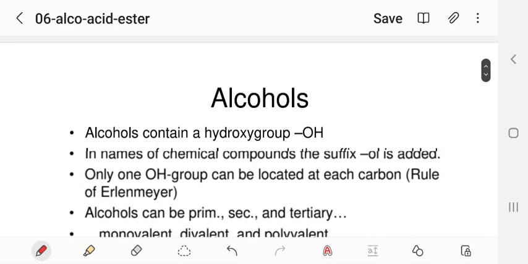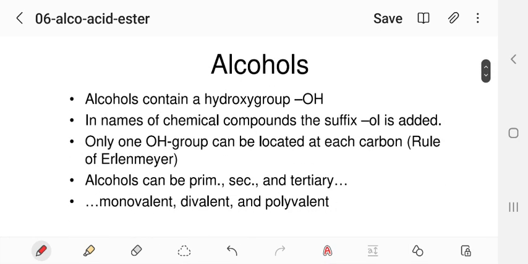So let's talk about the characteristics of alcohol. As we said, they contain a hydroxy group, and you remember the alkanes, which are methane, for example, ethane, propane, butane, pentane, and so on.